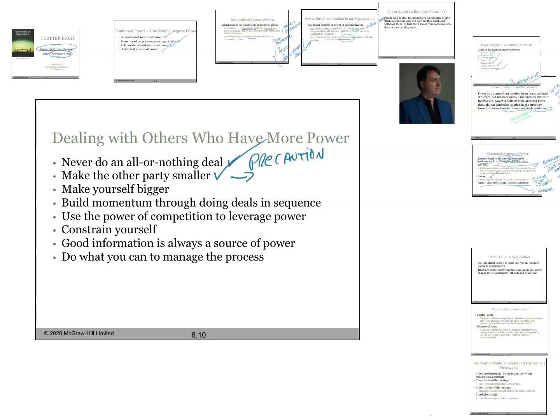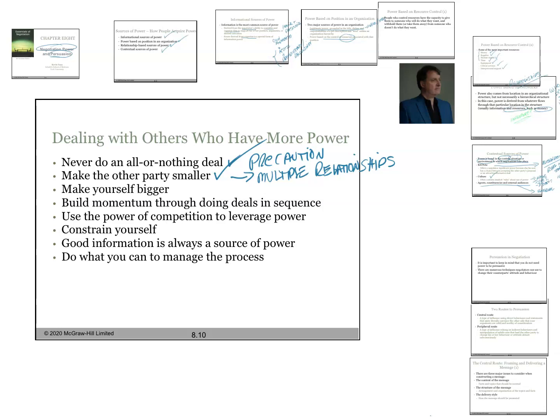So this is about establishing multiple relationships. So if you become well networked with your opponent's organization that you're working with, maybe you know people in the organization or you know different people in the opponent party where you have those personal relationships built up, that is what's meant by making the other party smaller.